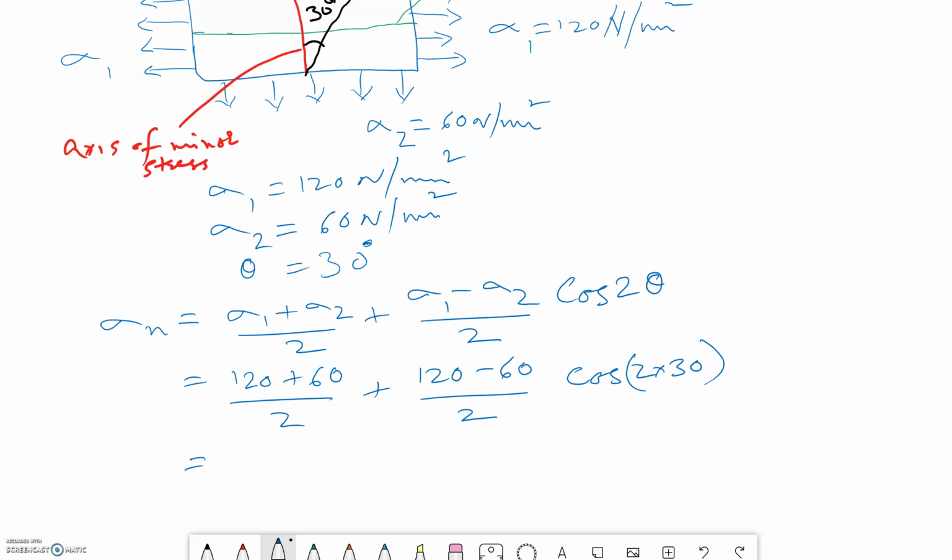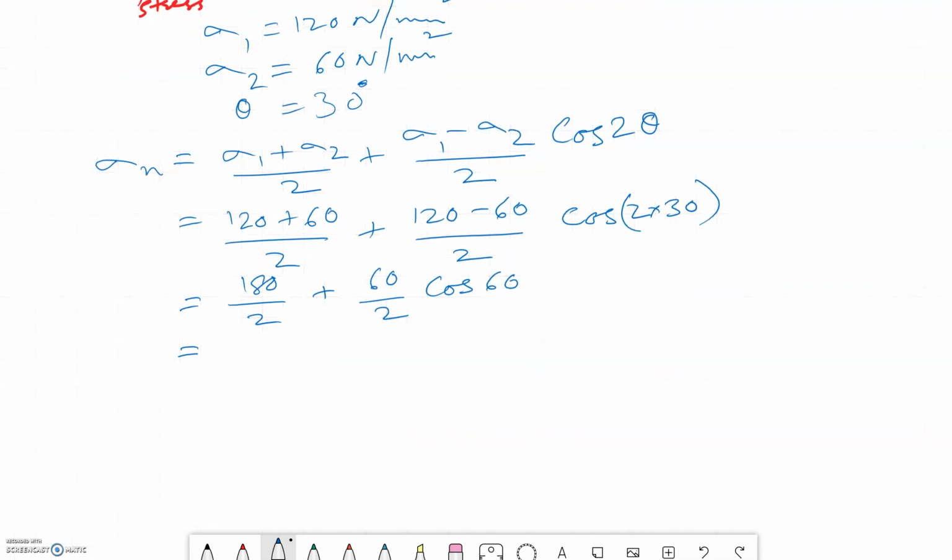Yep. So 120 plus 60 is 180 by 2 plus 120 minus 60 is 60 by 2 cos 60. Now resolving further, we get 90 plus 30 cos 60.